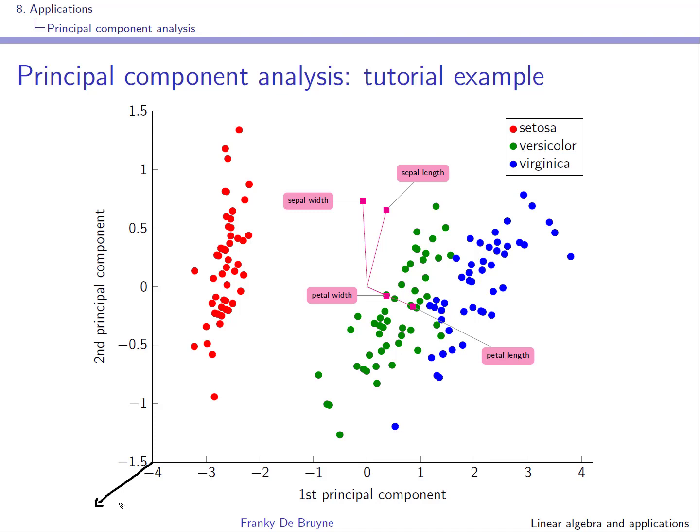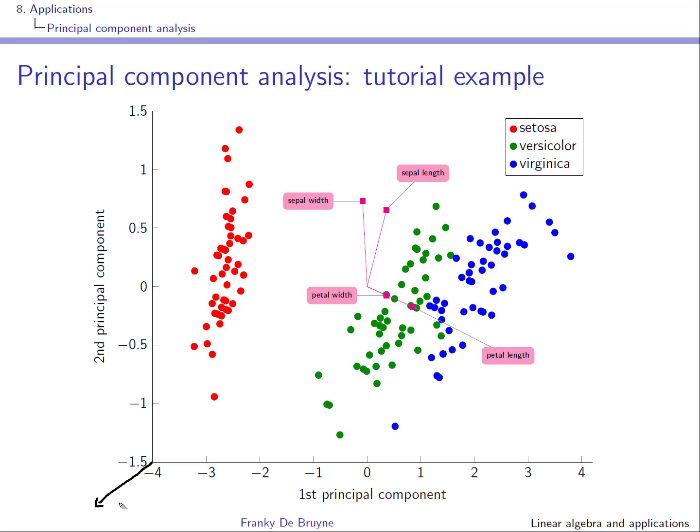This is why you can explain things by looking at two principal components, and this is often used for classification. You bring everything in this first, second principal component scatter plot, and then you can start to do the classification.